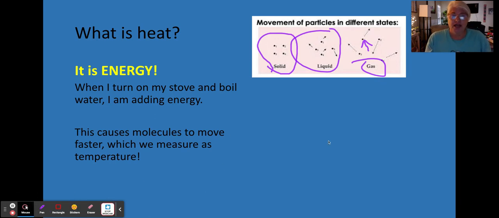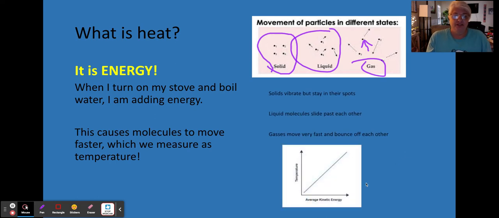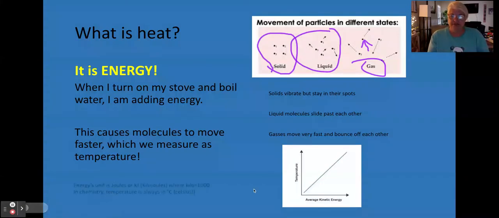So the more energy I have, the more heat, and therefore the more kinetic movement. Here's a little graph that shows that. As kinetic energy increases, temperature increases, and vice versa. When you talk about energy, we use joules.